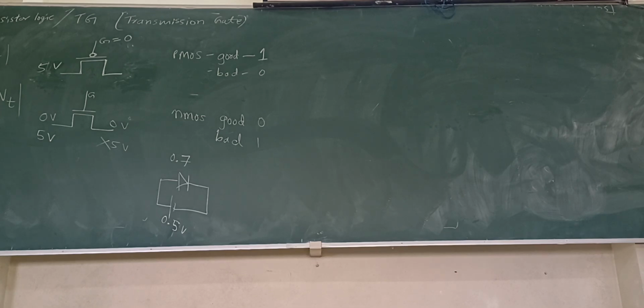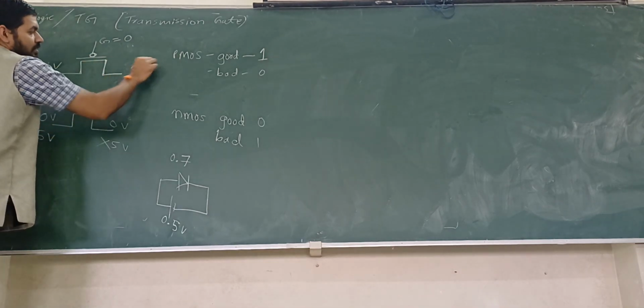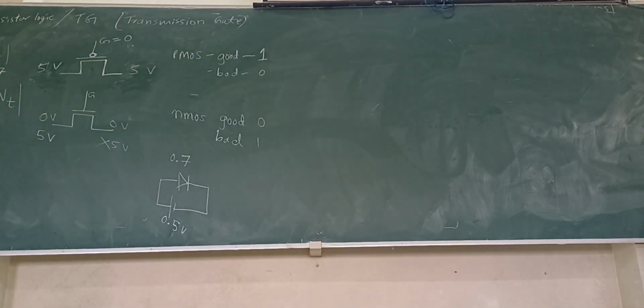The mod of minus 5 should be greater than or equal to the threshold voltage of silicon, 0.7. Is the equation satisfied? Yes. Therefore, it will pass the logic without any issue.